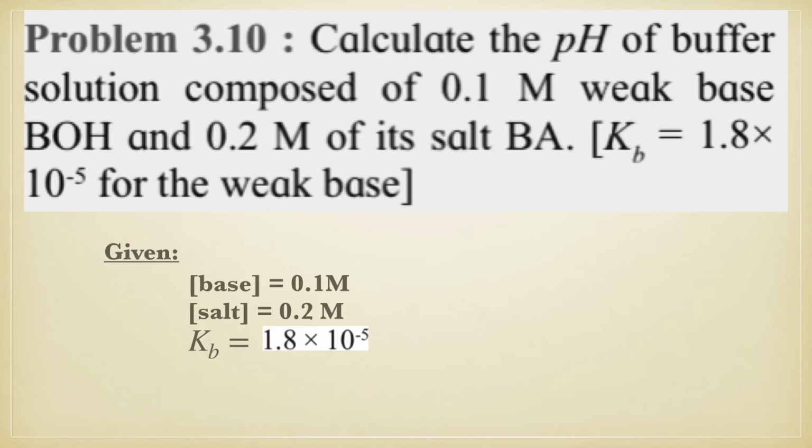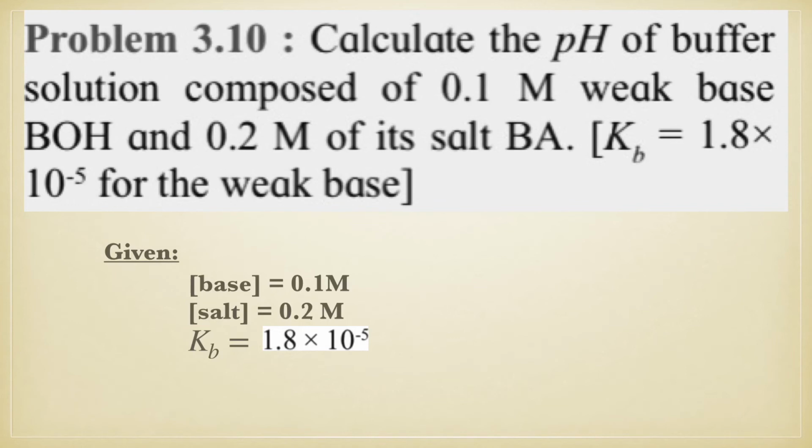Second problem: calculate the pH of a buffer solution composed of 0.1 molar weak base BOH and 0.2 molar of its salt BA, and the value of Kb is given to be 1.8 into 10 raised to minus 5 for the weak base.